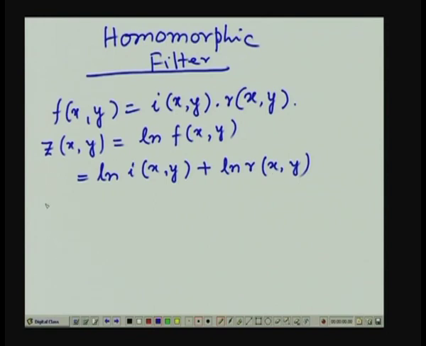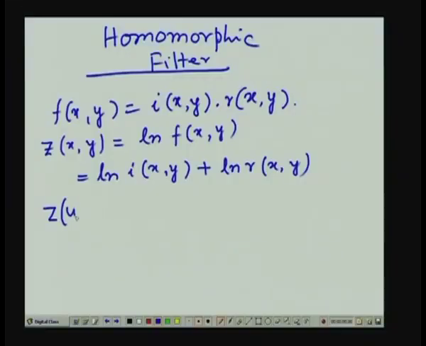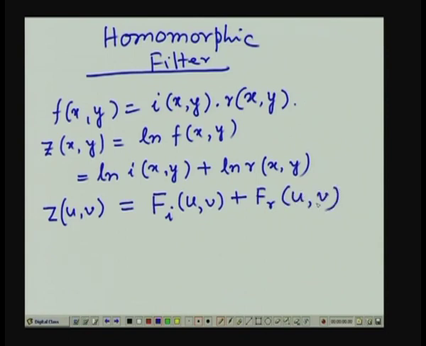If I compute the Fourier transform, then the Fourier transform of z(x,y) will be represented by Z(u,v), which will have two components, F_I(u,v) plus F_R(u,v), where F_I(u,v) is the Fourier transform of ln I(x,y) and F_R(u,v) is the Fourier transform of ln R(x,y).